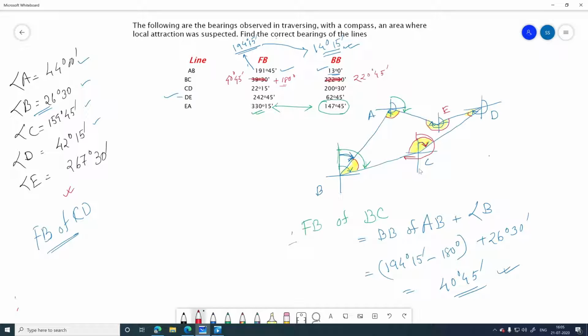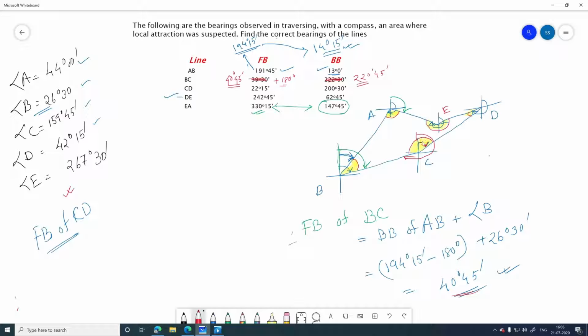One more time, the correct value of the forward bearing is 40 degree 45 minutes, which we have written here. If it is forward bearing, the back bearing is obtained by adding 180 degree over here, so that will become the correct back bearing value.